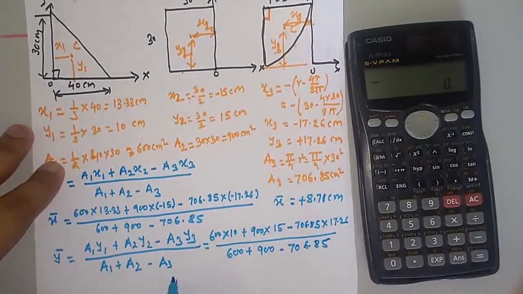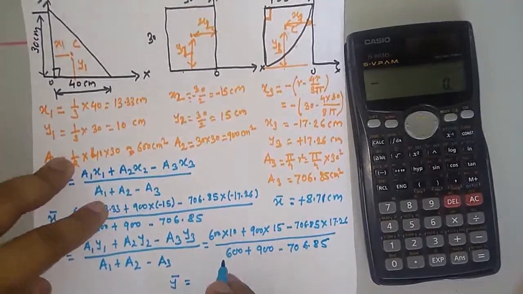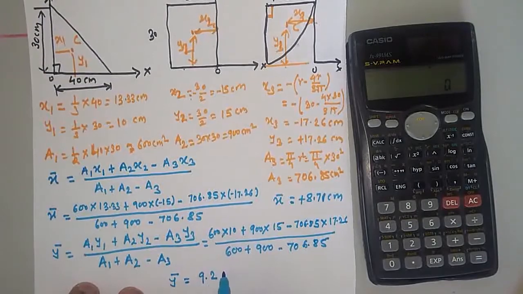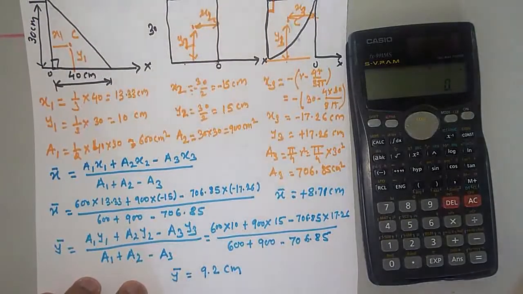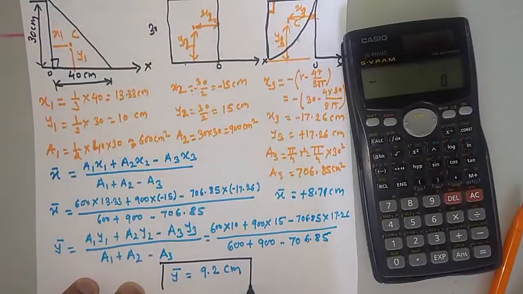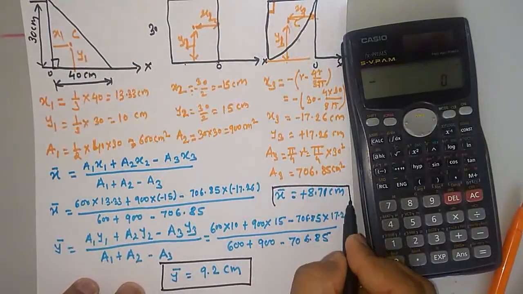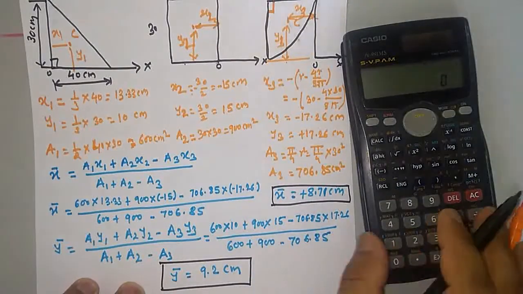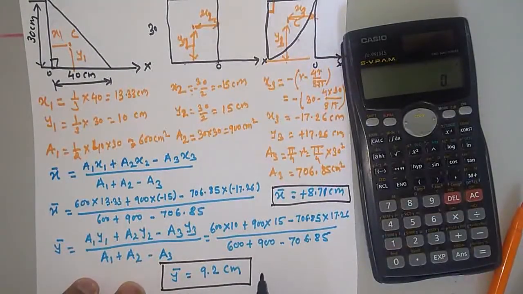So calculate this and you will get the y bar value. So the y bar value is 9.2 centimeter. Okay, so these are the coordinates of the centroid: x bar is plus 8.71 and y bar is 9.2 centimeter.